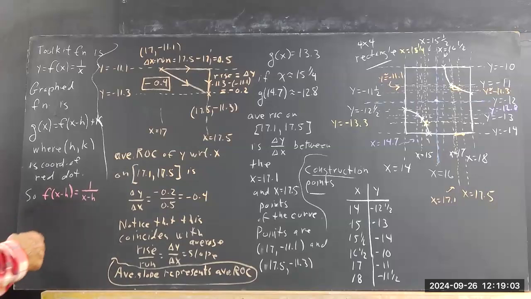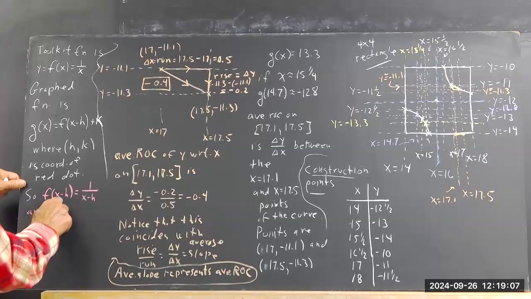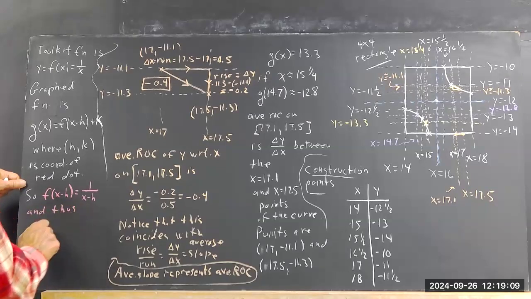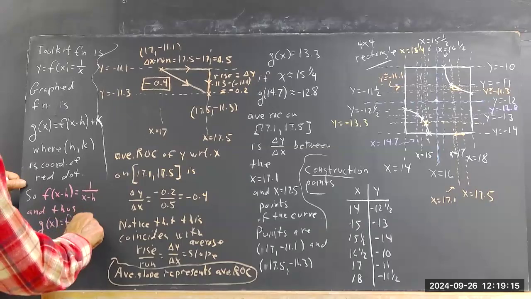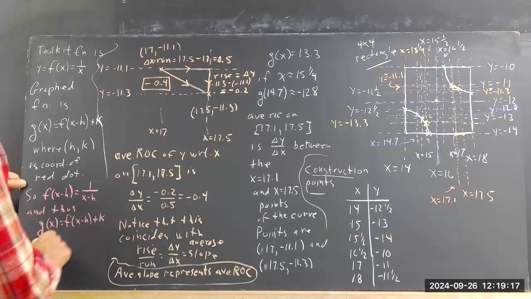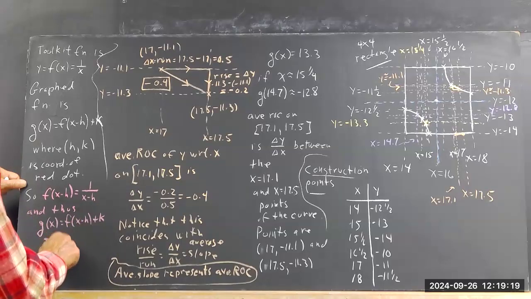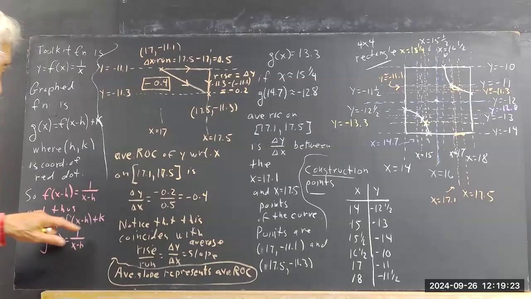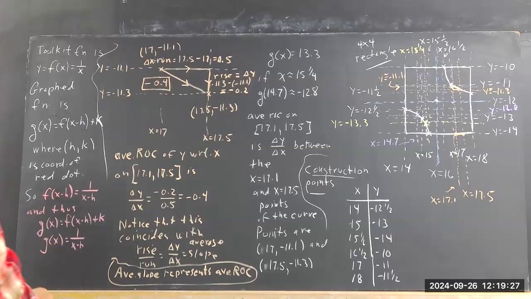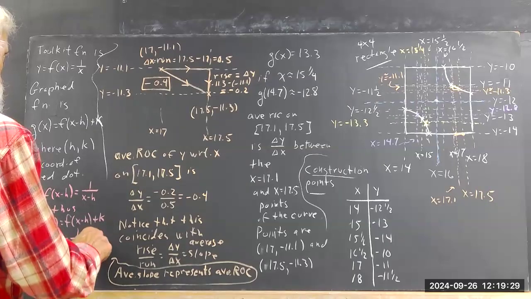So what do we do next? Well, g of x is f of x minus h plus k. g of x is 1 over x minus h, and k is just k.